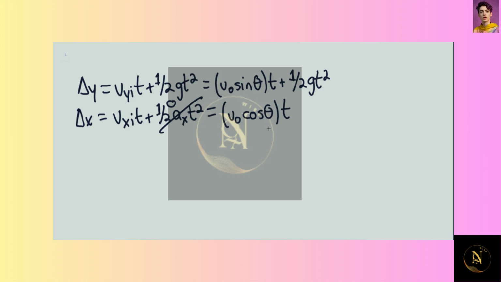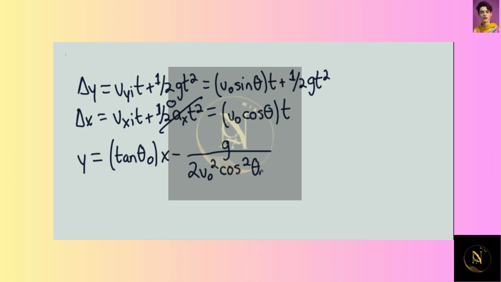So we can then divide these two equations and then manipulate, solving for y. And we find that y is equaling tangent of the initial angle times x minus g over 2 v initial squared cosine squared of the initial angle times x squared.